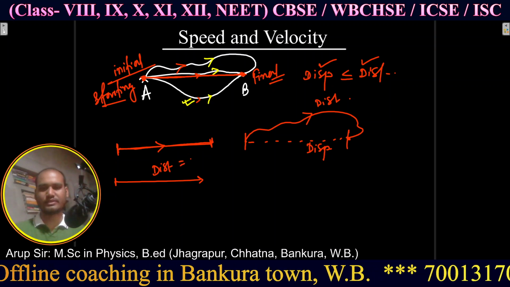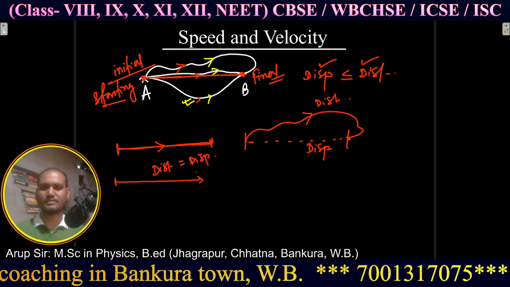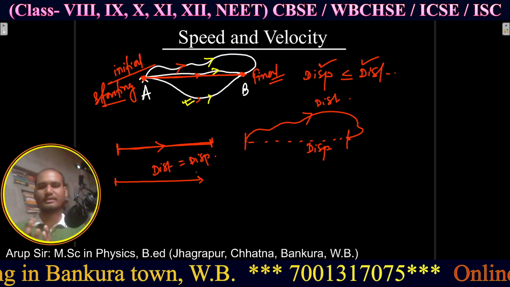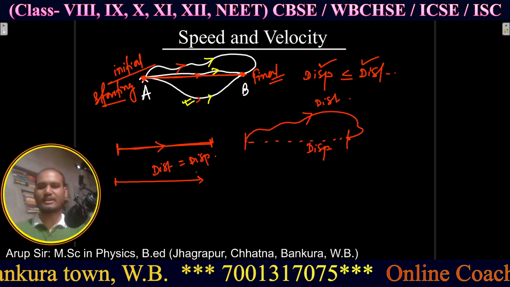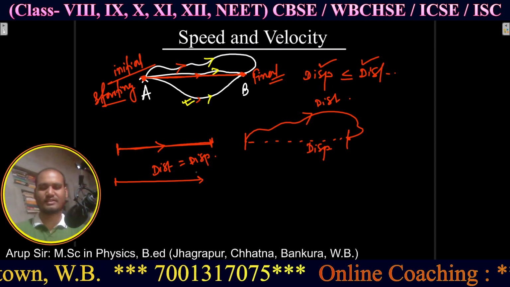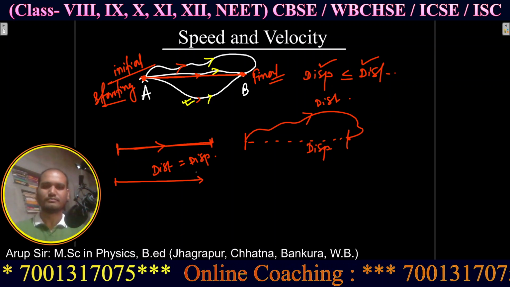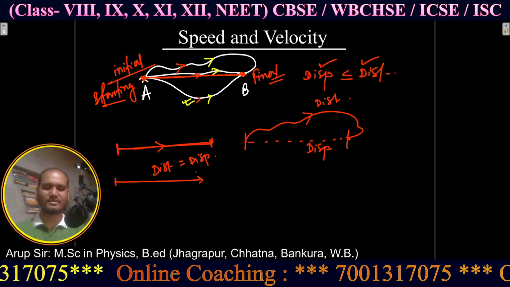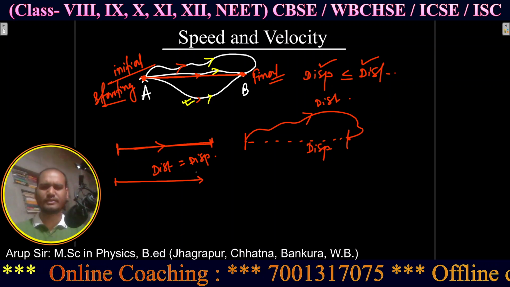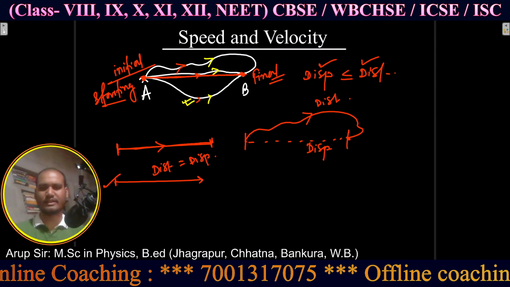It is sure. Why? Because this is a straight line path and the starting point to end point distance is the displacement. This is why this is the minimum path, and why distance equals displacement in this case, right? Starting this point, ending this point.